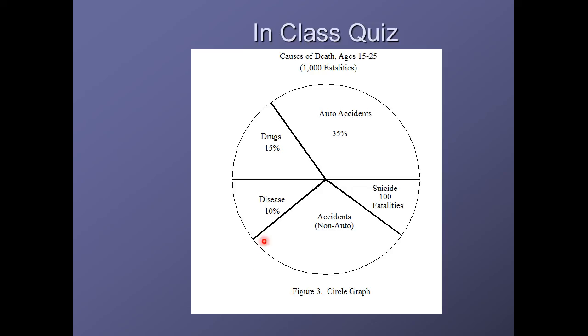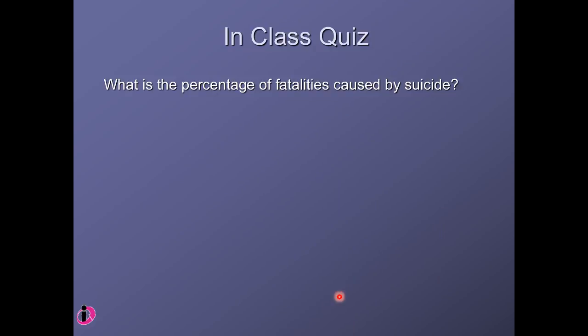As you can see, 10% is from disease, 15% from drugs, 35% from auto accidents, and 100 fatalities from suicide, and the remaining ones are other accidents. As you can see, some of these are not exactly given in percentage. Let's say this is a quiz question and you have to answer some questions.